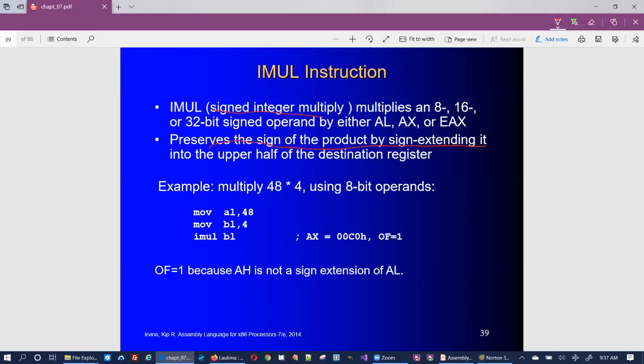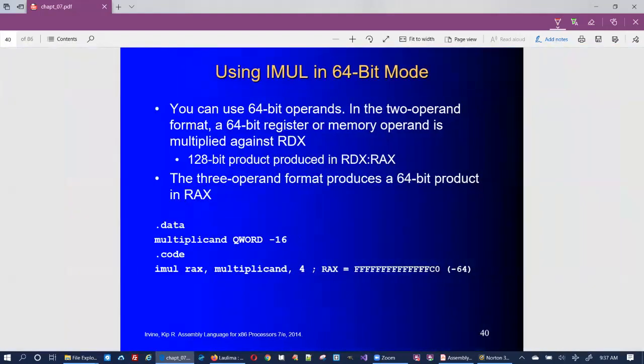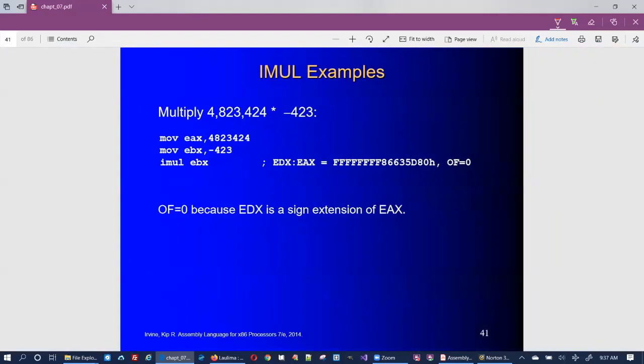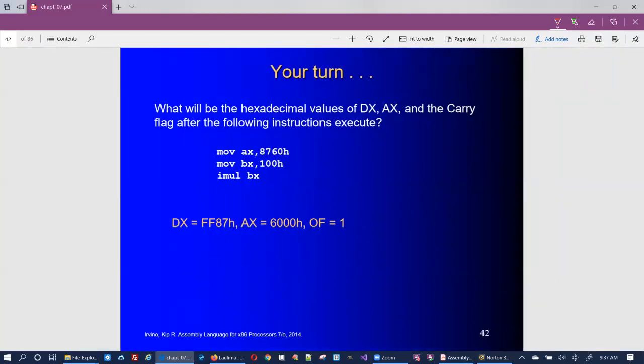You multiply two negatives together, you get a positive, and two positives, you get a positive. And there's a 64-bit mode, of course. Here's an example. We're multiplying by a negative number, so the result ends up being a sign extended negative number. You can verify this.